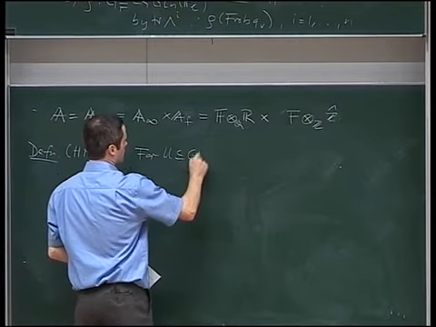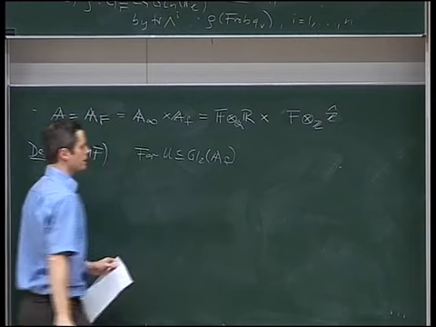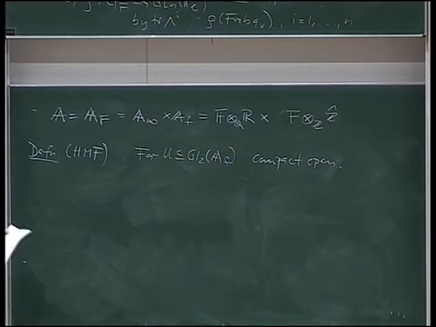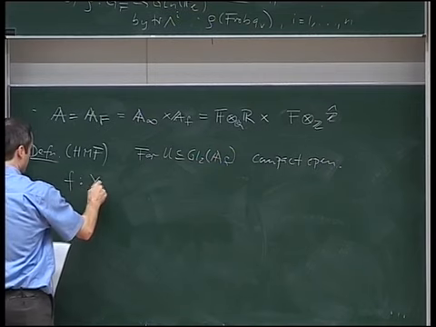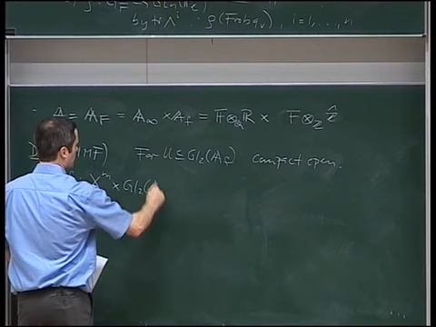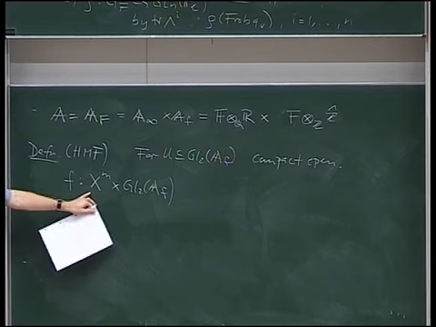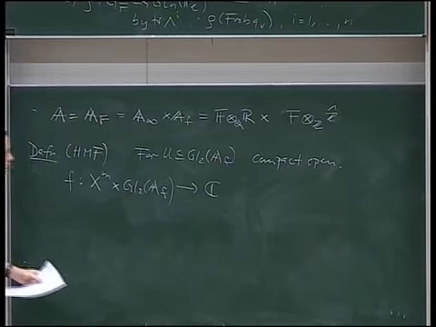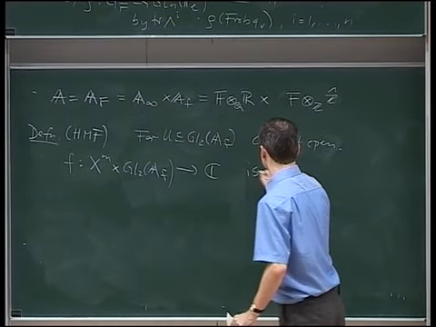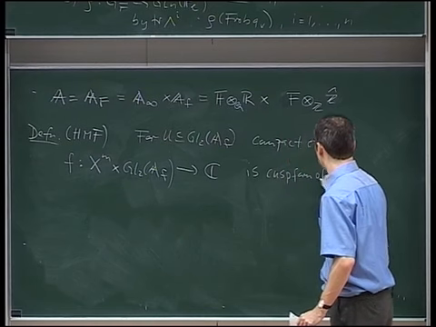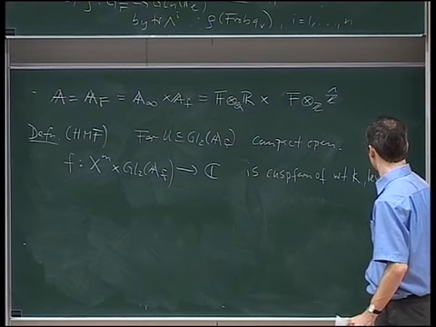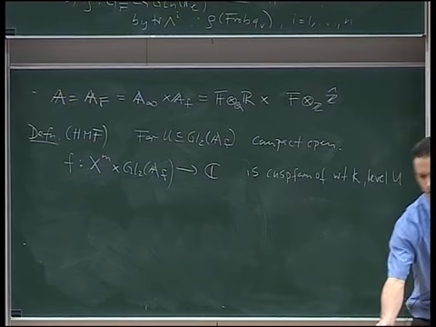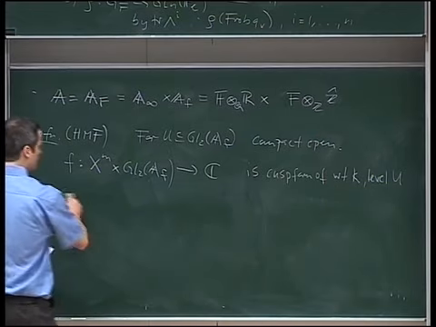So for U a compact open subgroup of GL2 of the adeles, a function from m copies of the double half plane and GL2(A_F) taking values in C will be called a cusp form of weight k and level U. For the purpose of today, it's enough to stick with a parallel weight k, so there's just one integer here.